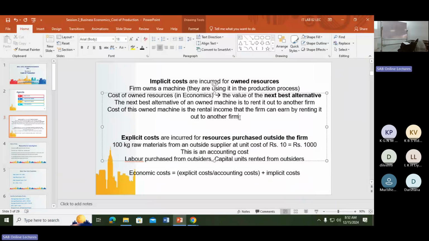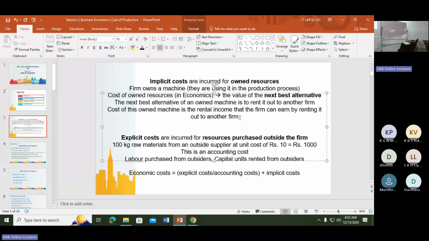Implicit costs are incurred for owned resources. So what are the other owned resources? The firm's owner's effort. It's also kind of an own resource. The firm's owner provides his service to the firm without taking any payment from the firm.